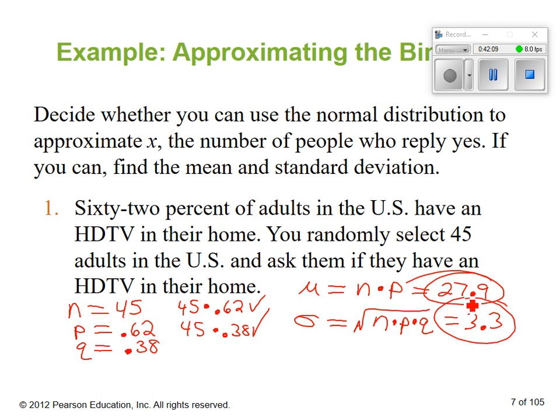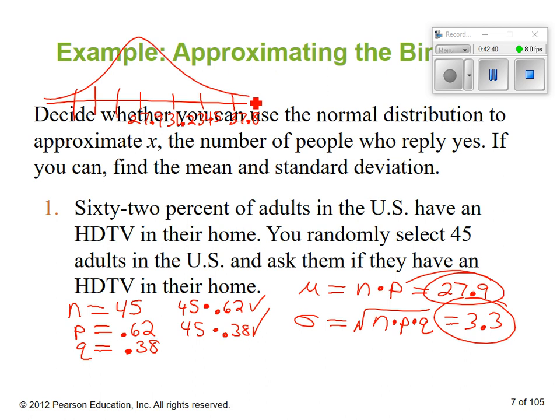Now, if I wanted to go a little farther and draw the graph, our graph's going to have 27.9 right in the middle. How much are we going to go up or down by each time? 3.3. So it's going to go 31.2, 34.5, 37.8, and then go down 3 spaces this way, and our graph's going to look something like that.